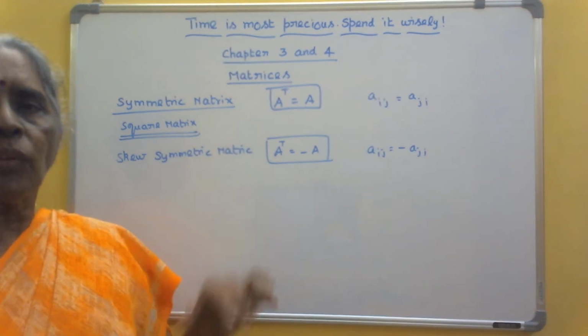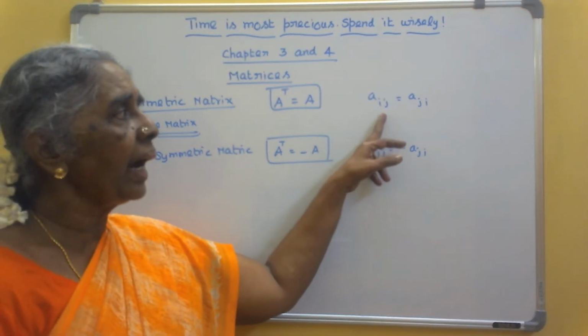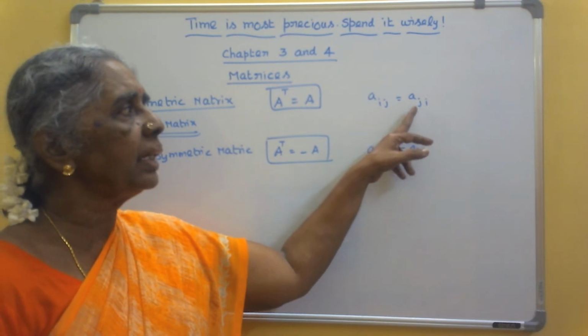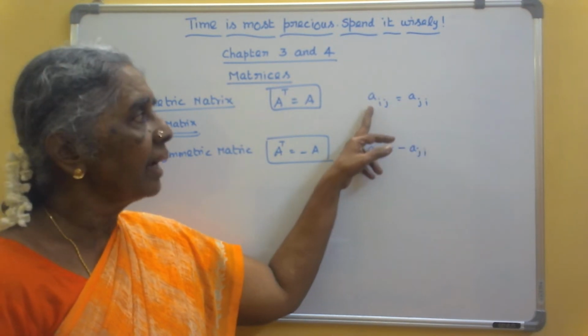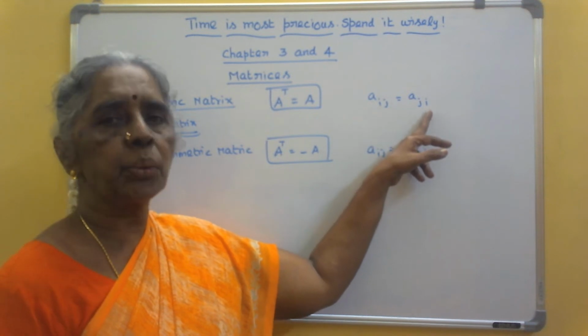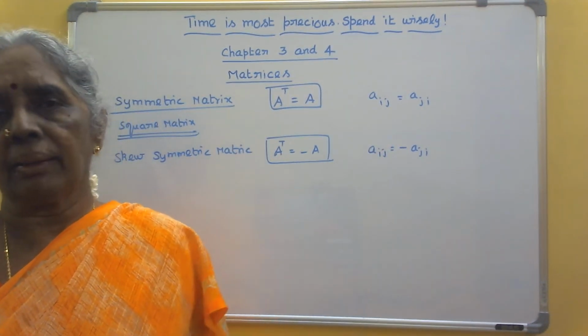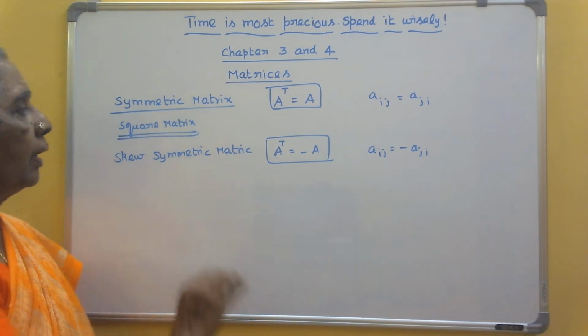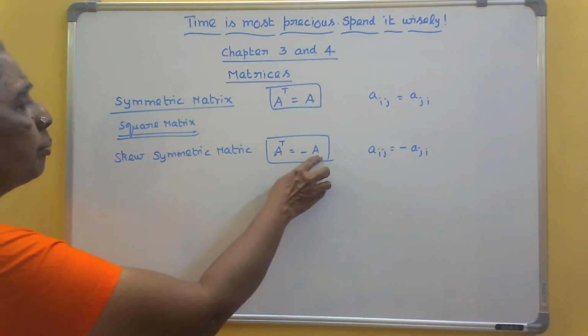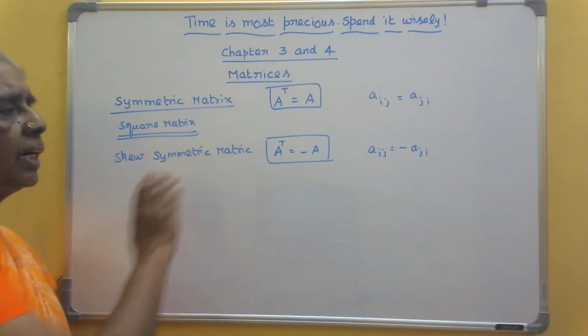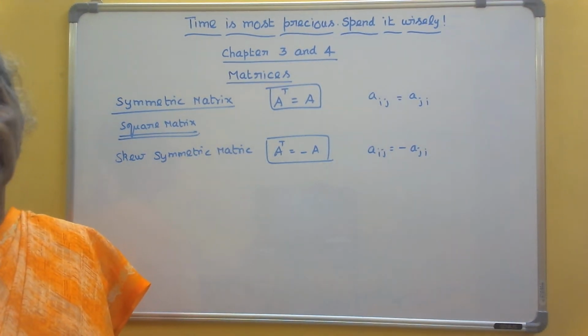In that, if you check the elements, Aij will be equal to Aji. That is, A12 will be equal to A21, A13 will be equal to A31, like that.